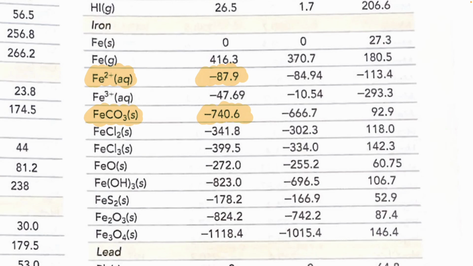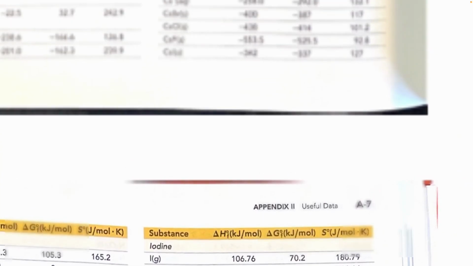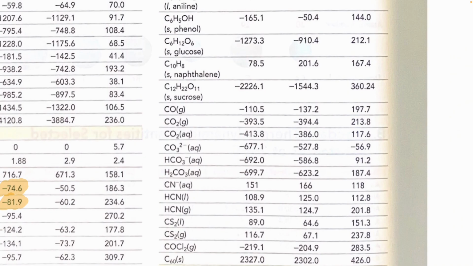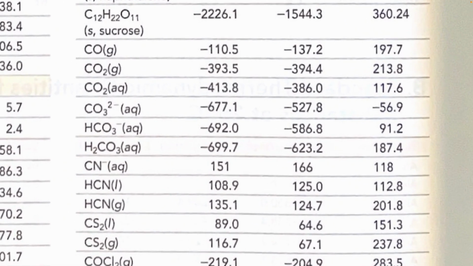All right, to look up my carbonate ion, I'm going to have to go to a different portion of my chart. I'm going to have to go to my carbons. So we'll go back up. All right, and I want not aqueous carbon dioxide, but aqueous carbonate with that net charge of -2. So I'm going to list that -677.1 value as well.